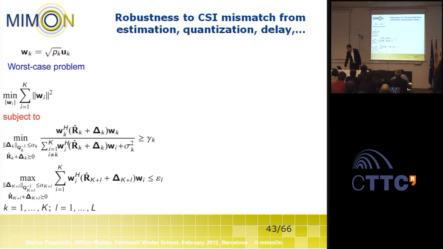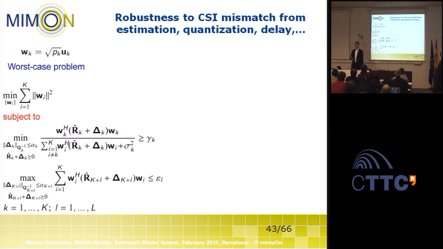And this we do for the quality of service constraints of the femtocell users, but also for the interference constraints for the primary users. So in essence, in this particular case, we have infinitely many constraints. So we minimize the total transmitted power with infinitely many constraints. For all possible mismatch matrices, we want to have beamformers that satisfy the constraints.